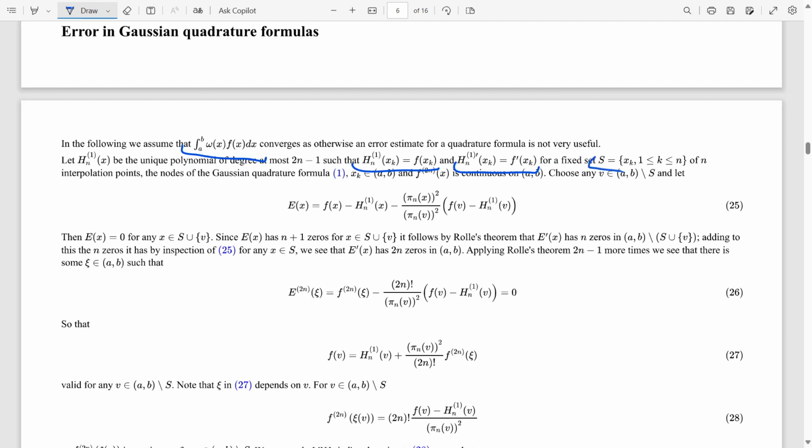Let S be the set of nodes xk of the Gaussian quadrature formula. We will assume that f2n of x is continuous on the open interval from a to b.